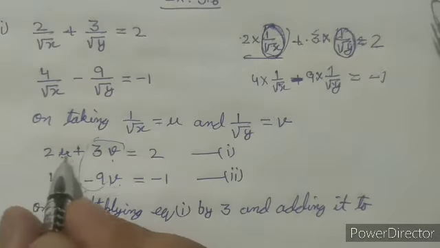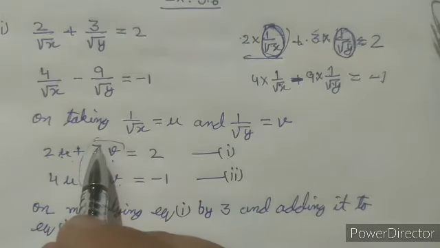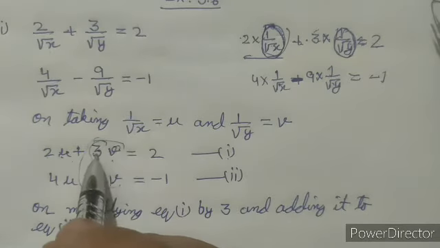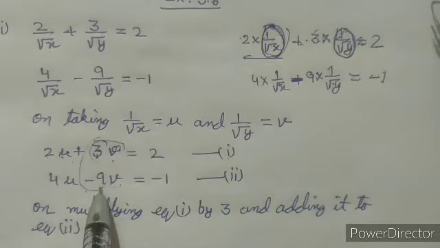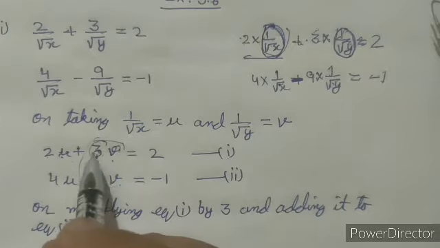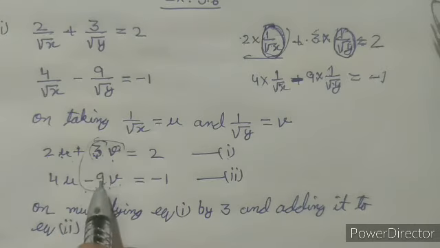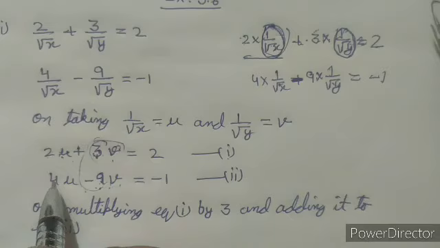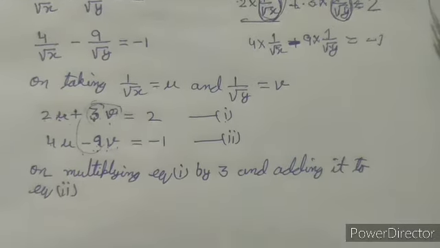Now here if you multiply equation first by 3, the coefficient of v will be 9v, and in the equation second the coefficient is already minus 9v. So on adding these two, v can be eliminated and we will easily get the value of u.